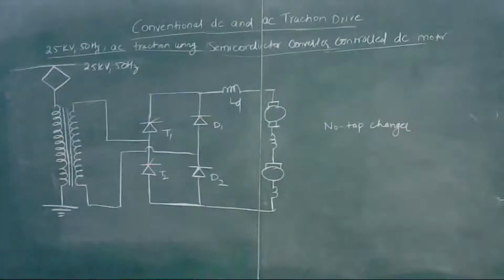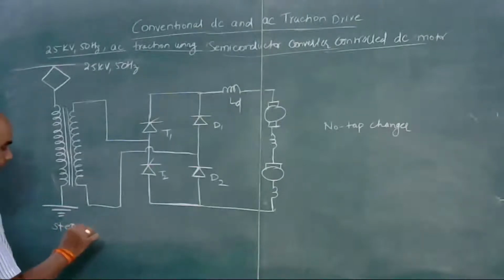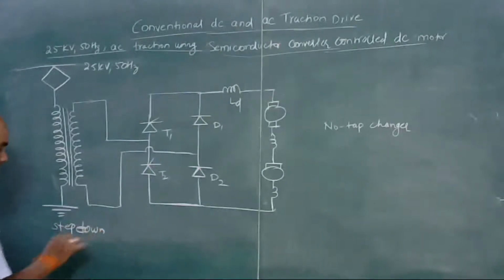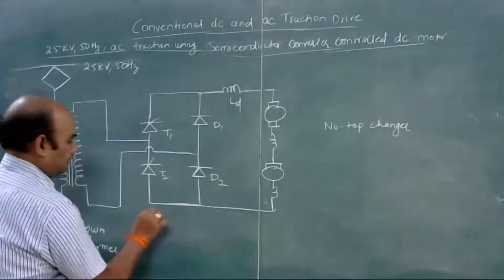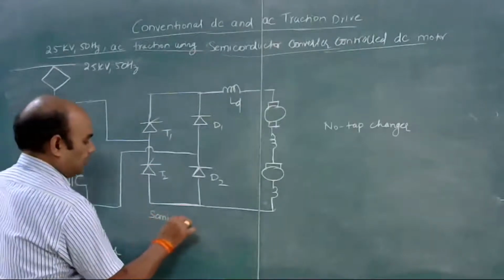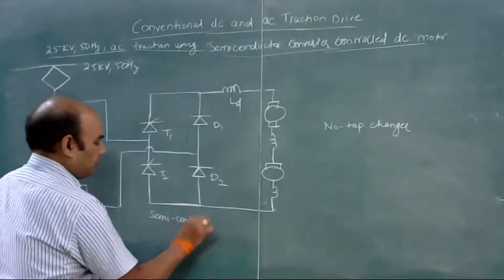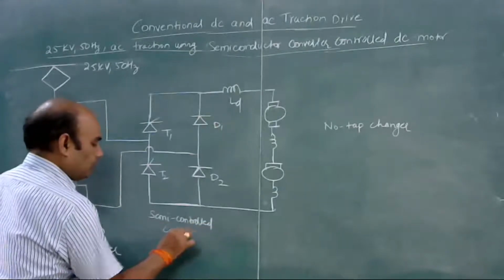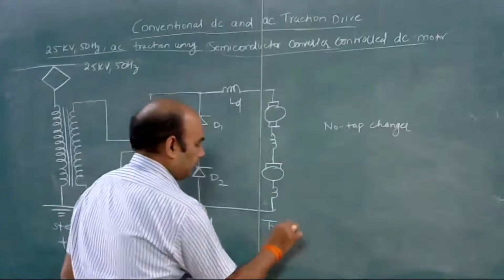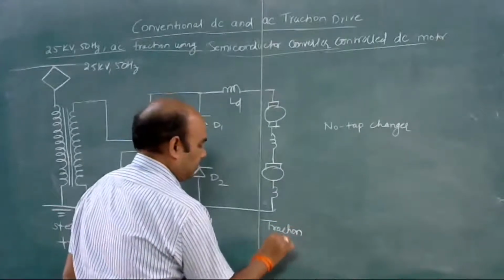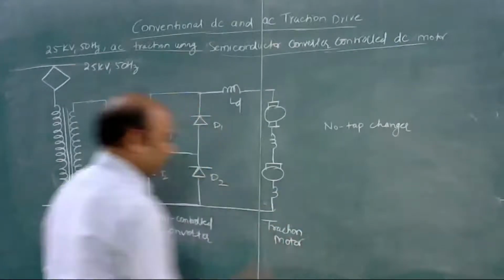Okay, so this is the step down transformer. It is a controlled converter, and these are two traction motors.